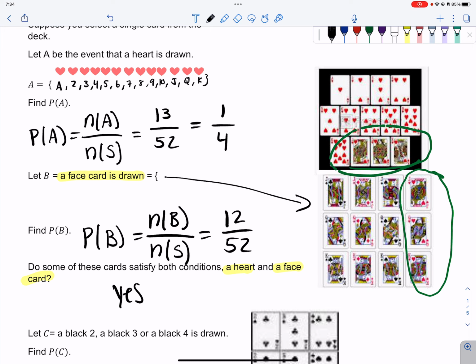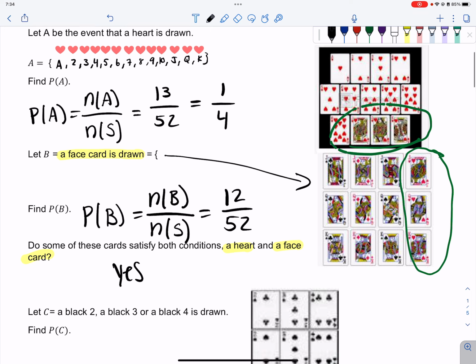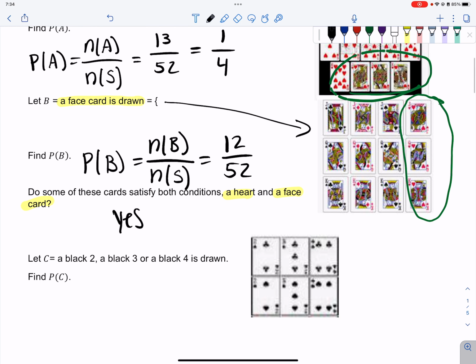And now the next event that I want to set up here, the last one, is what I'm going to call event C. And this is going to be a black 2, a black 3, or a black 4 is drawn. And that's these 6 cards over here on the right. We have 2 different 2s, 2 3s, and 2 4s in the set because half our deck is red and half the deck is black.